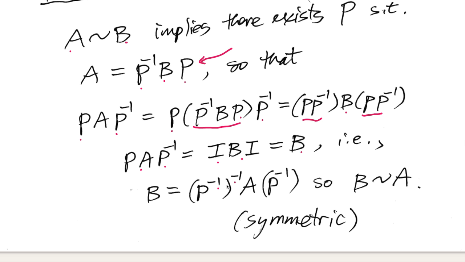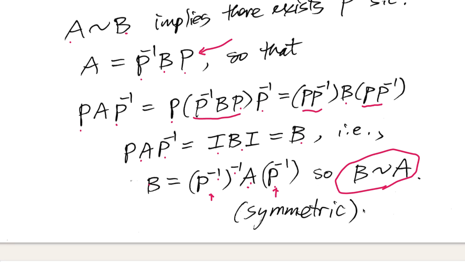So that's P inverse times A times P. So I've got A here, the inverse of some matrix sitting here, and then that matrix sitting here. So what does that mean? Well, that means that B is similar to A. Aha! And that's the symmetric property.